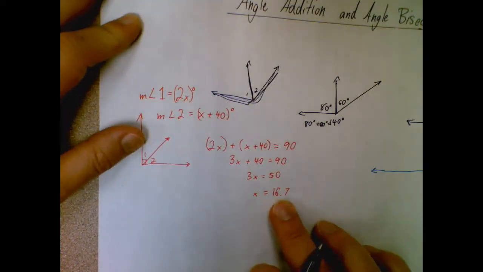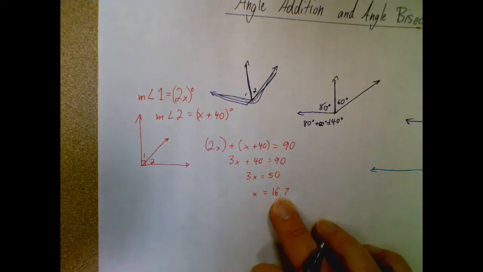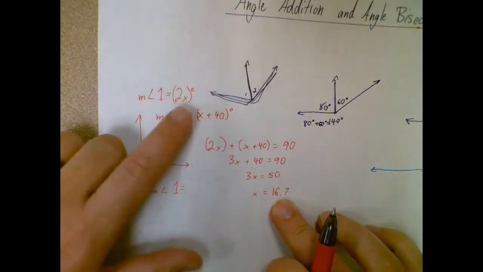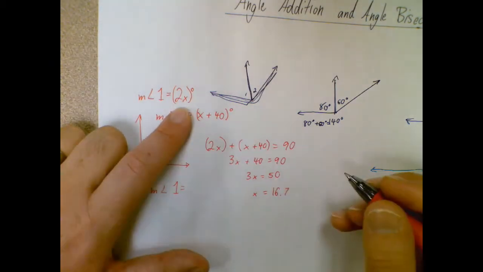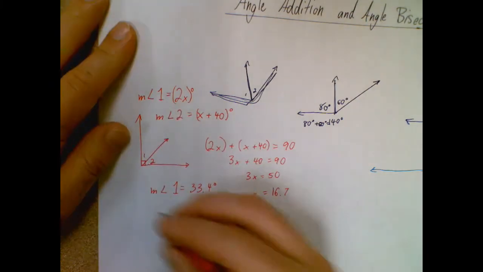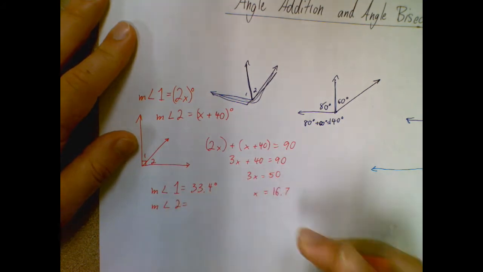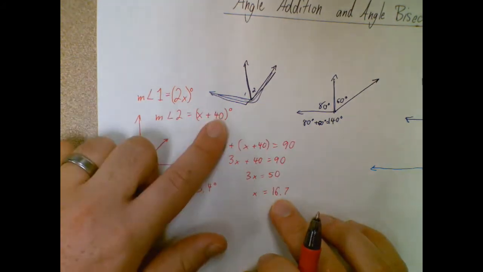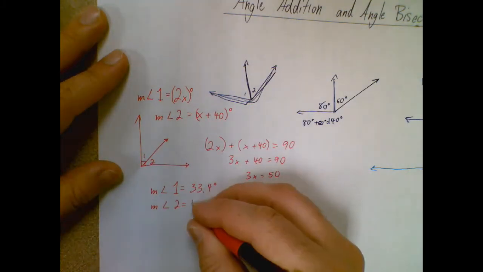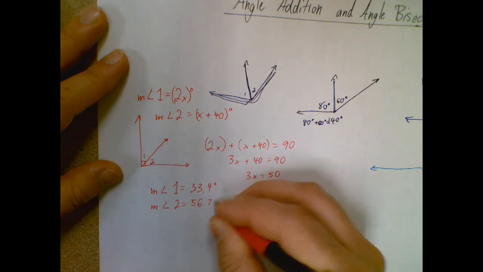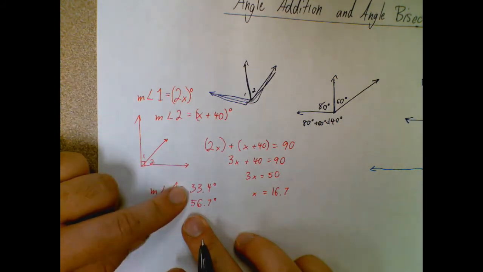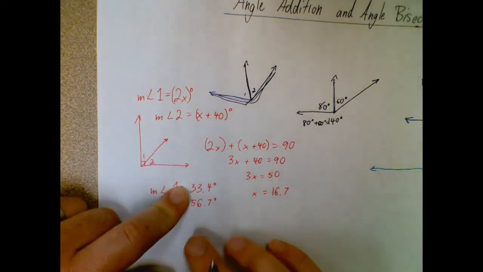So I'm going to plug this number back in to figure out my actual degrees. 16.7 times 2 ends up at 33.4, unless I'm much mistaken. And the measure of angle 2 is 16.7 plus 40, so I end up with 56.7. Then you do want to double check that these actually come out to 90 degrees, and you'll see why in a second.